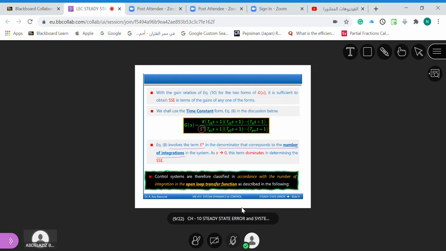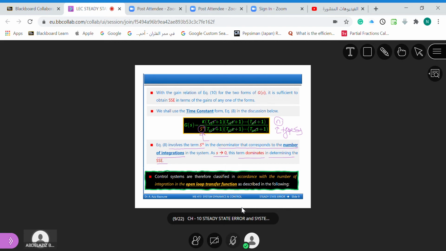So in this equation, as S goes to 0, this term dominates the determining of the steady state error. All the others will go to 0, and the remaining terms go to 1. S to the power N will be the most dominant one. And then we say N is not the order, but the type. N is the type of the system.